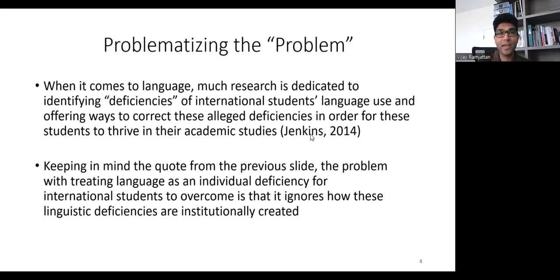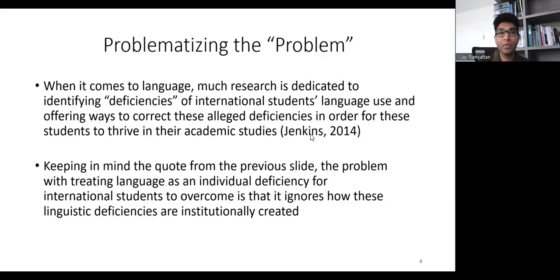So this calls for us to problematize the alleged problem. When it comes to language, much research is dedicated to identifying so-called deficiencies of international students' language use and offering ways to correct these alleged deficiencies in order for these students to thrive in their academic studies.